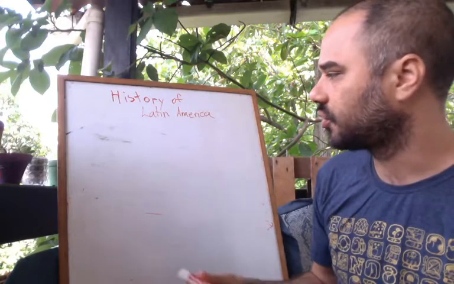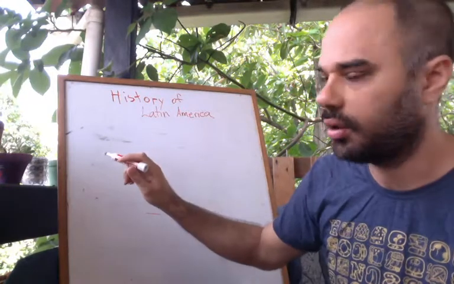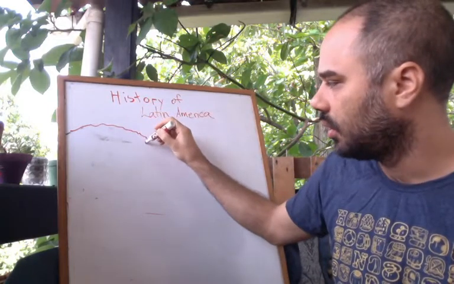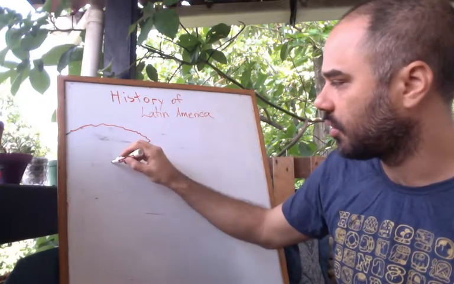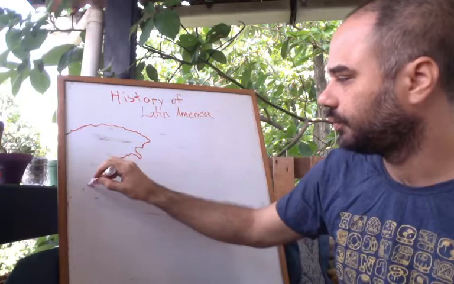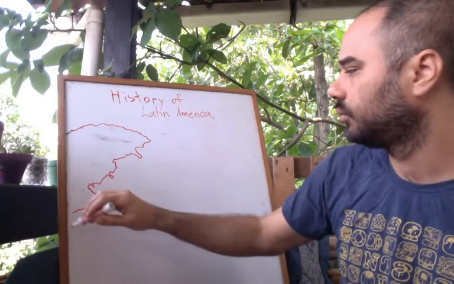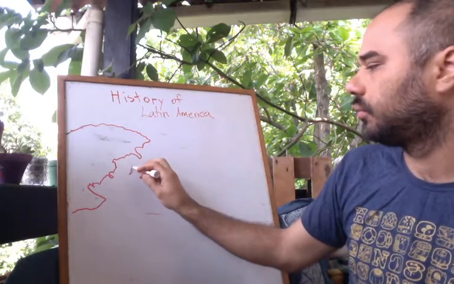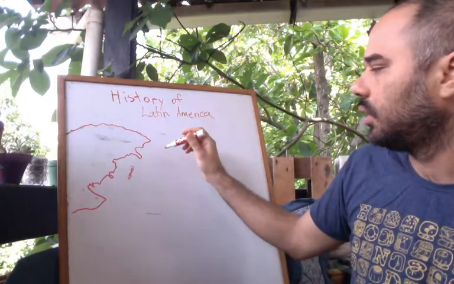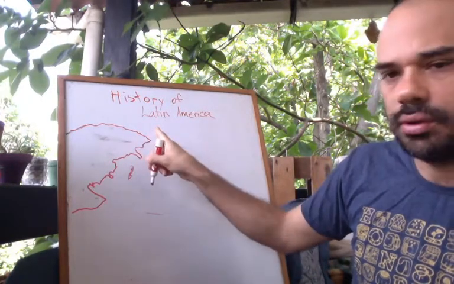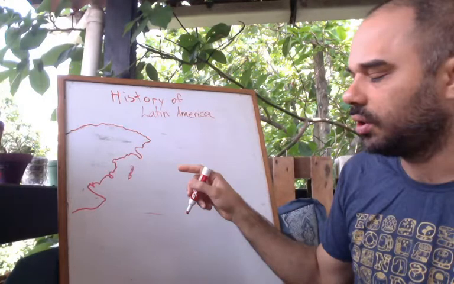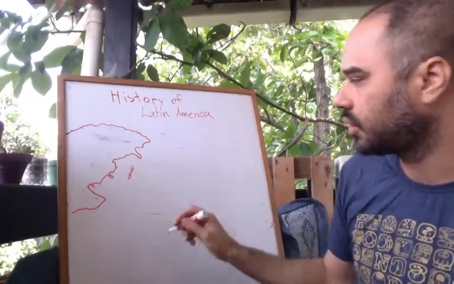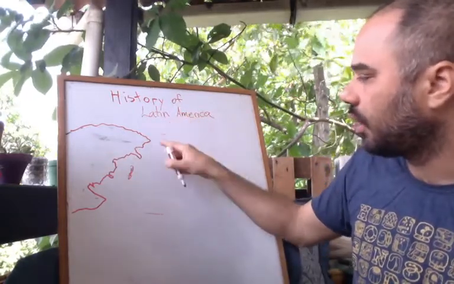So first we must consider. I'm gonna draw a map of the world, as I always do. Okay, so this is the northeastern tip of Asia. We have Japan over here, Siberia, Russia, and this is the Bering Sea.